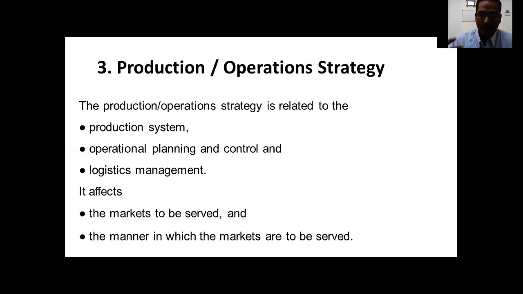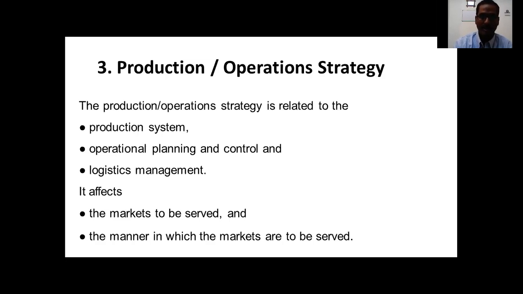Then we go to the next topic, which is production and operation strategy. This is very important, because whatever feedback is given by marketing is implemented in the production and operation strategy. The production and operation strategy is related to production system, operational planning and control, and logistic management.